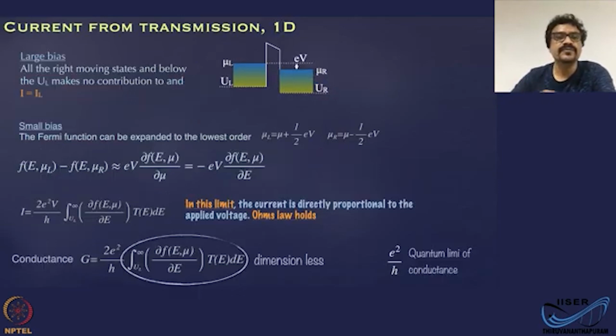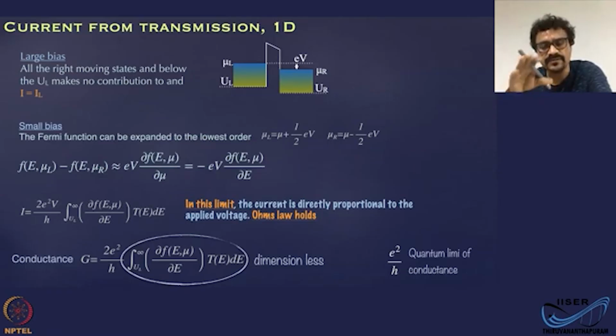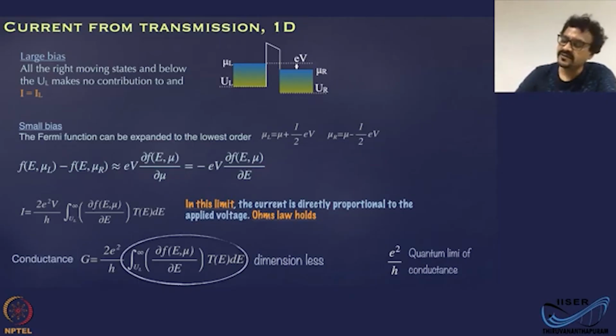Now, let us look at the transport from this framework for different regimes, for different cases. The first case is where you have very large bias, really large bias.